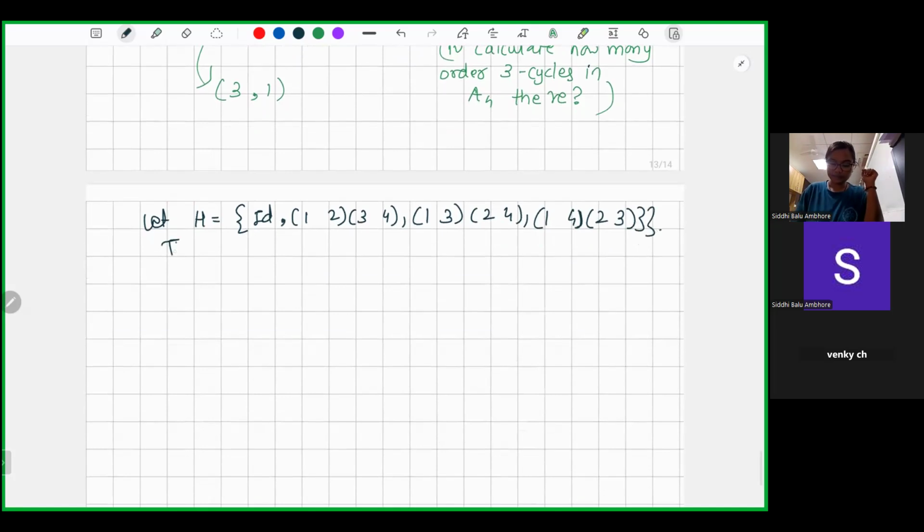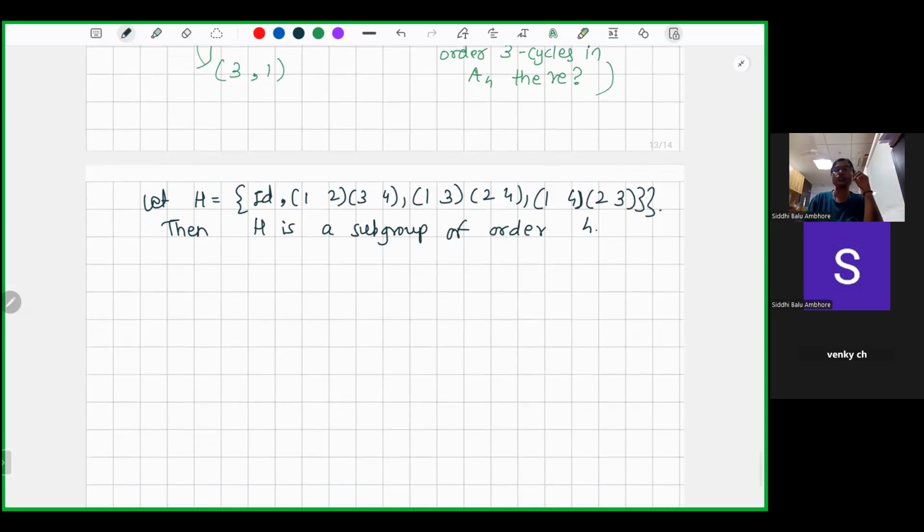Then one can check that H is a subgroup of order 4. Note that this is a set of order 4, right?